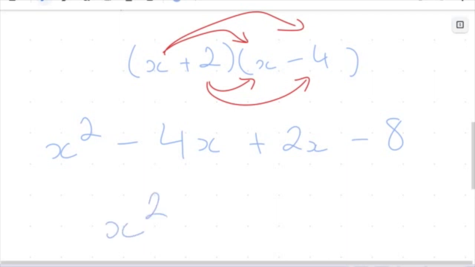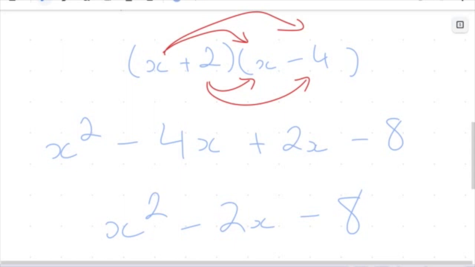So we're going to get x squared minus 4x plus 2x gives me minus 2x, and we have minus 8. So this is the final part of our expansion.